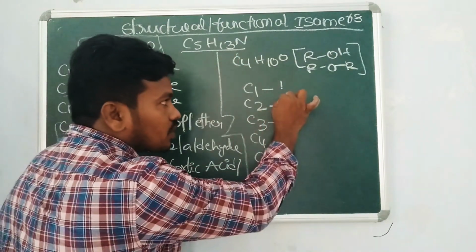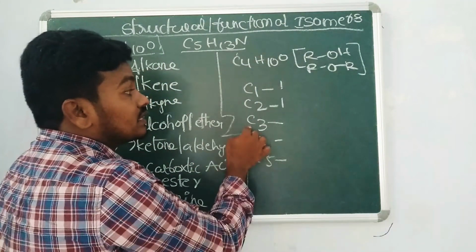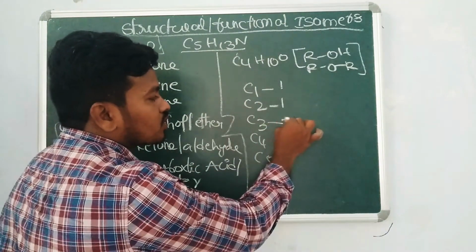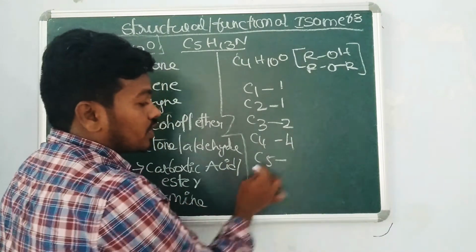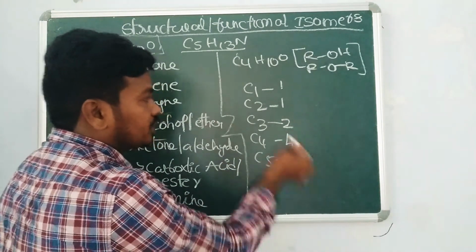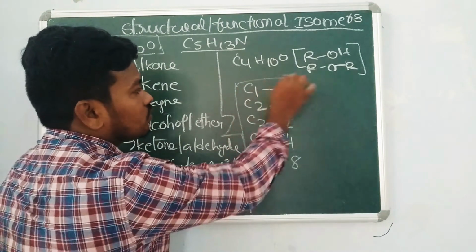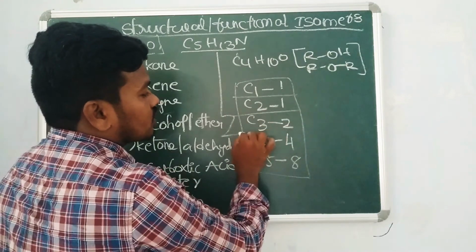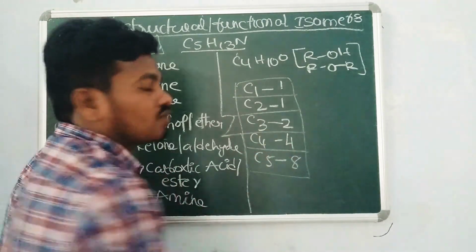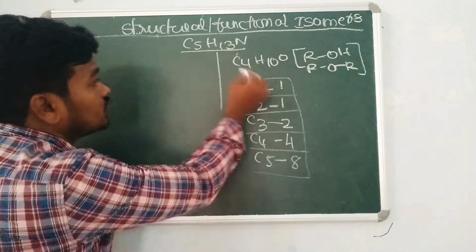For 2 carbons, it is 2 only. For 3 carbons, it is 2 only. For 4 carbons, it is 4 only. For 5 carbons, it is 8 only. If you learn these, you can automatically calculate the number of structural or functional isomers of any molecular formula.